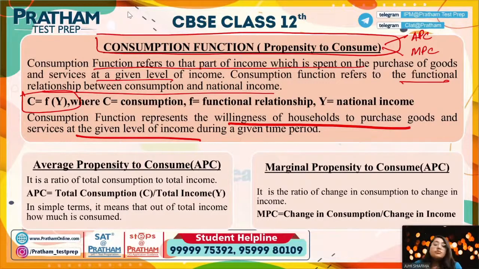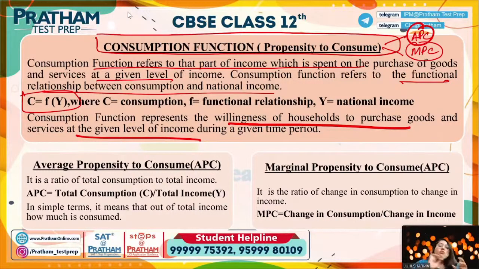अब इस consumption function में आपकी दो चीजें होती हैं, जैसे मैंने बताया, APC और MPC. What is APC? APC is average propensity to consume, right? So average propensity to consume क्या है आपका? Total consumption upon total income. सिंपल है. Average हम कैसे निकालते हैं?